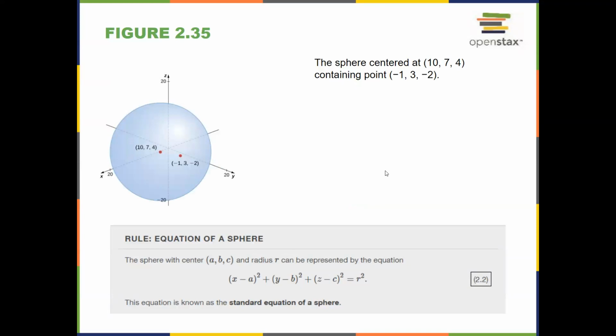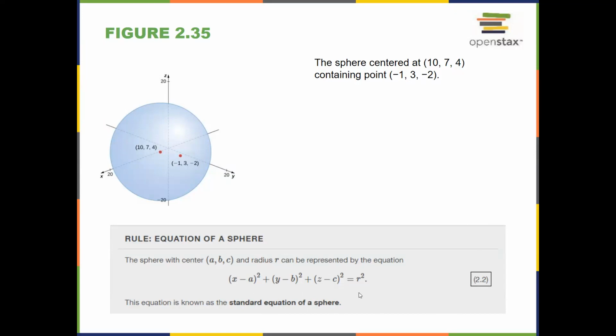All right, so the sphere is centered at (10, 7, 4), containing the point (-1, 3, -2). So now they should want us to write an equation of the sphere. That or they're just giving us this random information and we're not going to do anything with it. But we'll see in a minute.